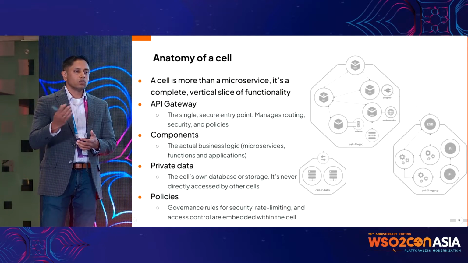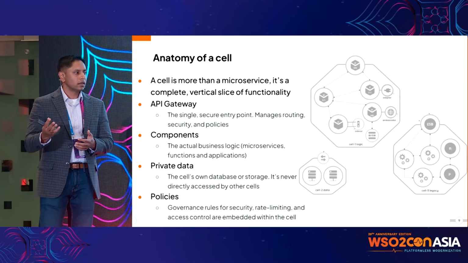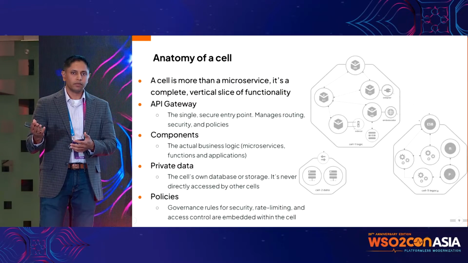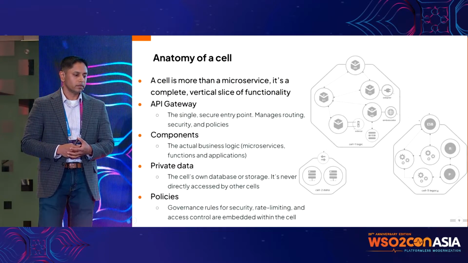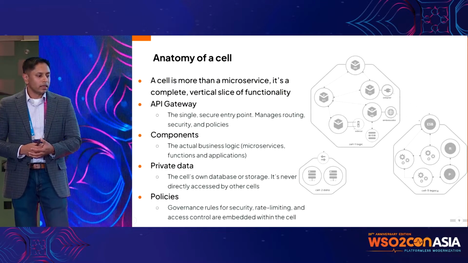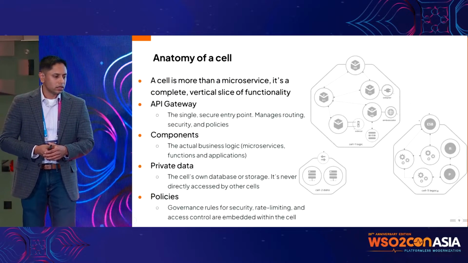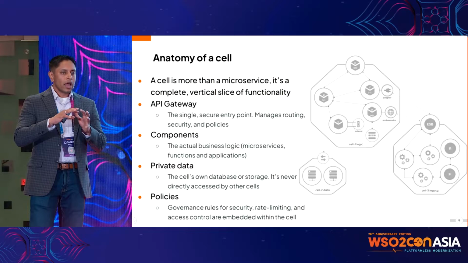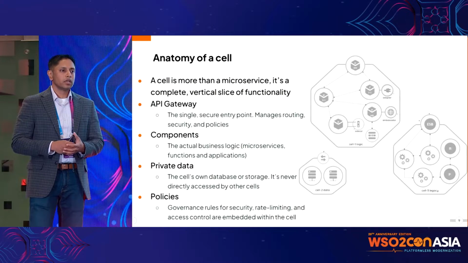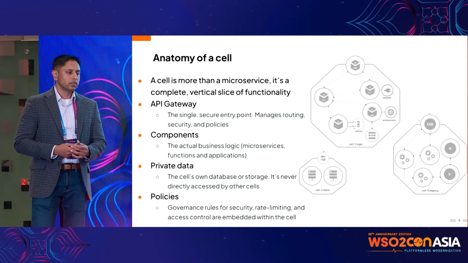It always has to go through a well-defined interface, an API exposed from a cell gateway, and that's how you usually expose a system of record. And governance policies, security, and rate limiting are contained within the cell, so as a team you can manage the policies that apply to a cell.